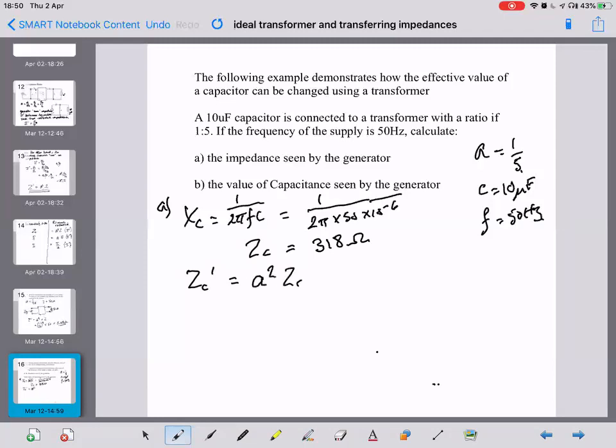So we're talking about a fifth squared times 318 equals.